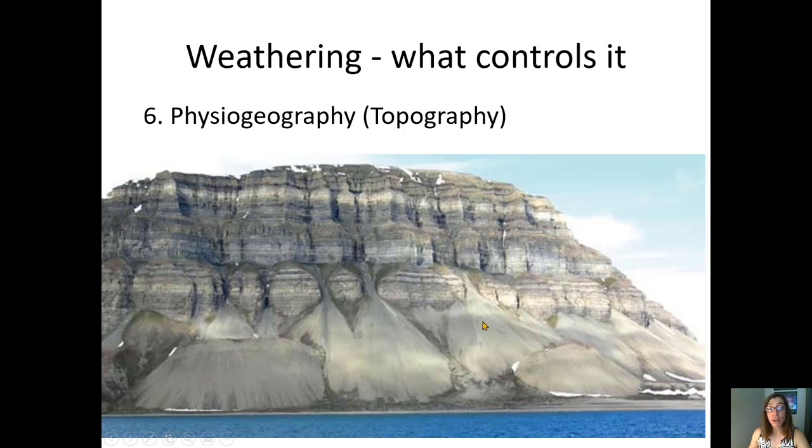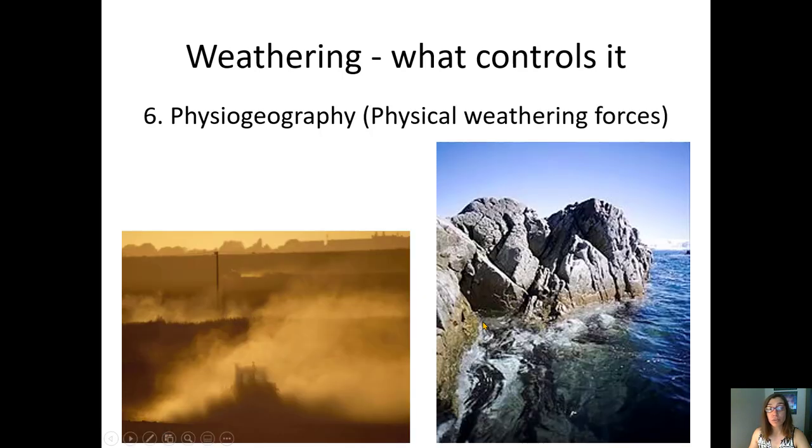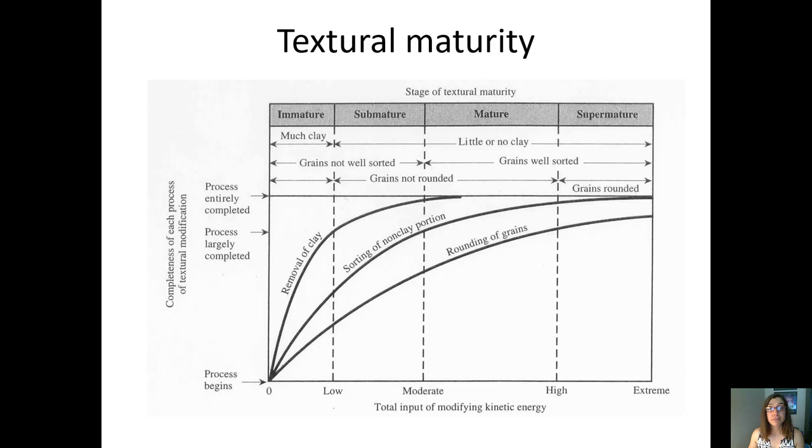The other aspect of physiogeography has to do with the presence of other physical weathering forces, like pounding waves or blowing winds, that are going to be enabling grain-to-grain contact that will further weather the rock. In addition, the amount of moisture in wet environments is also going to contribute to that chemical weathering process.